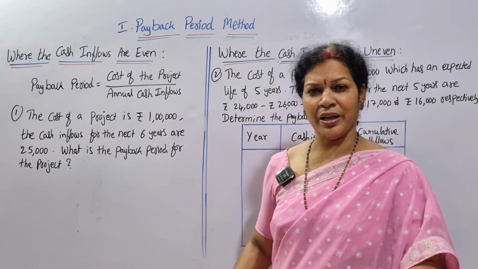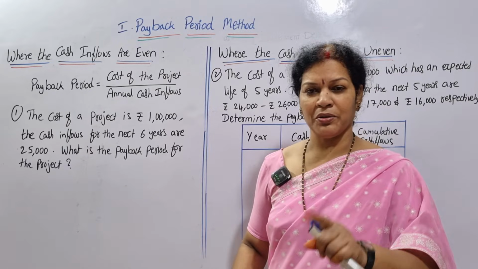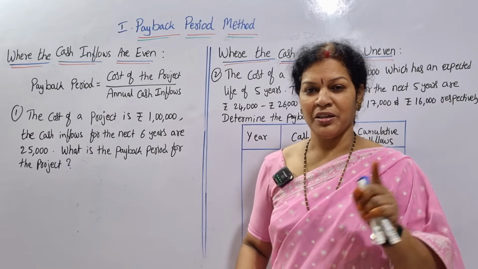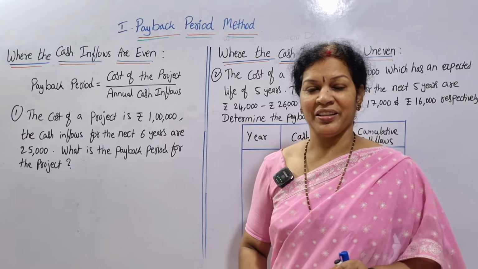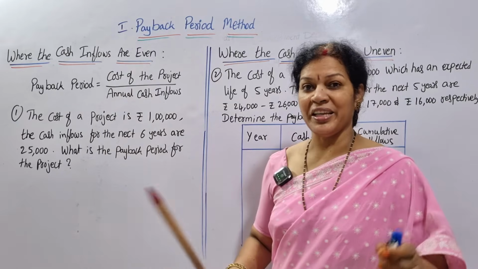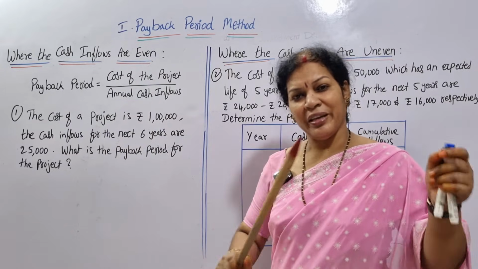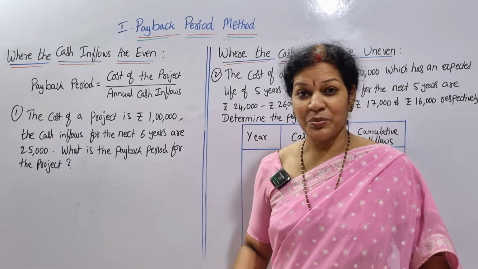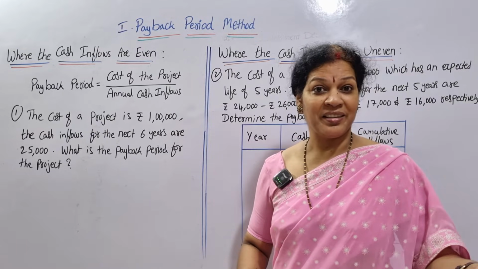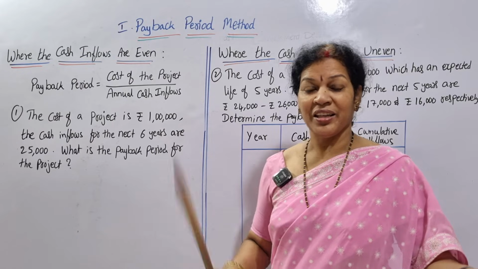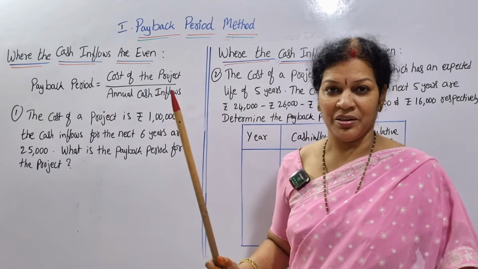As I said, 1 crore I am investing, every year I am getting 25 lakh only. That is cash inflows are even. Second case we have seen: first year 25 lakh, second year 50 lakh, like this. That is uneven, not equal.